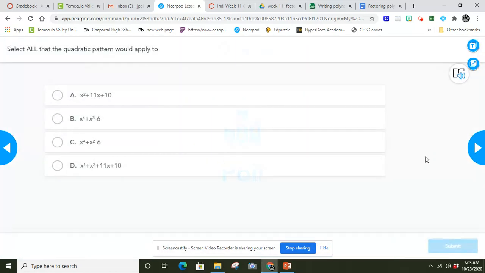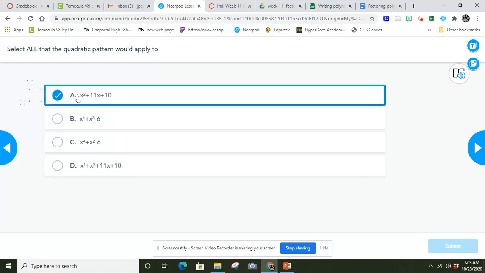Okay, so with that in mind, which ones here could the quadratic pattern work on? I'm looking for trinomials where the first term is an even degree, and that middle term exponent is half of the degree. So this first one will work. And again, what multiplies up to 10 and adds to 11?